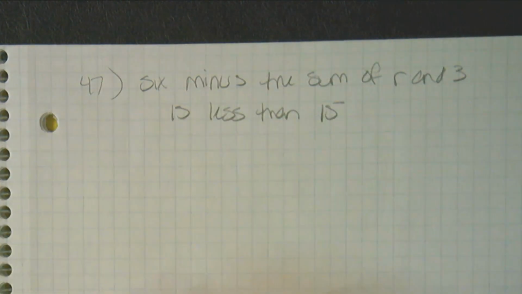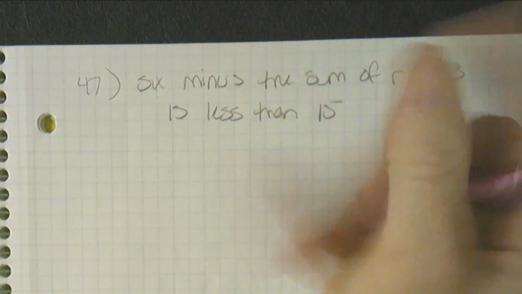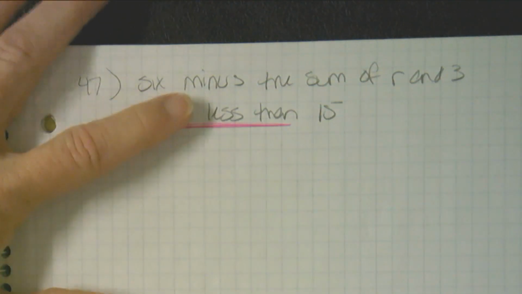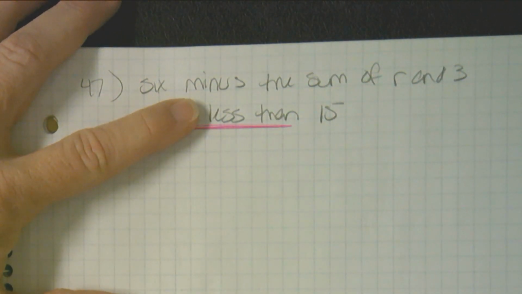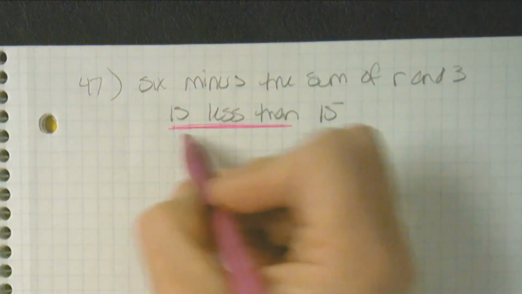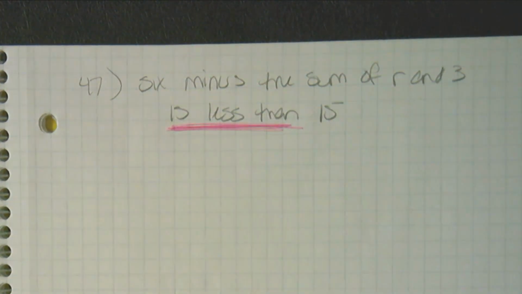All right, is less than, that is an inequality symbol. If I had just the words less than, that is subtraction. Can you guys see that? So if I had less than here, that less than 15 means subtraction. Is less than is an inequality symbol.